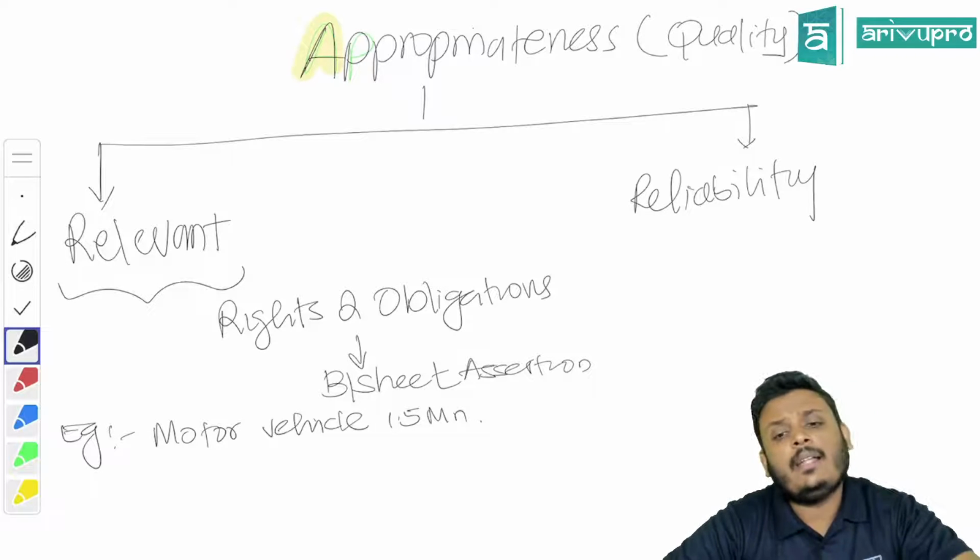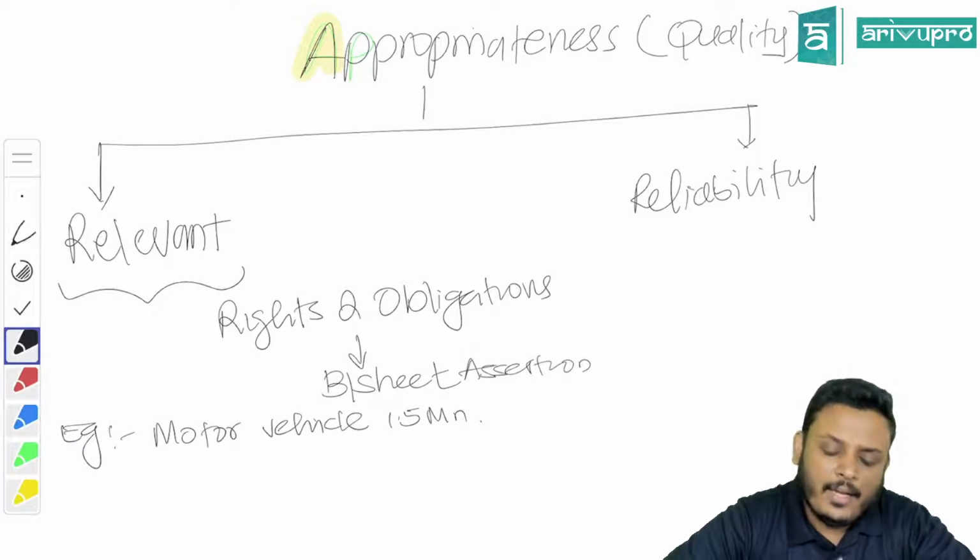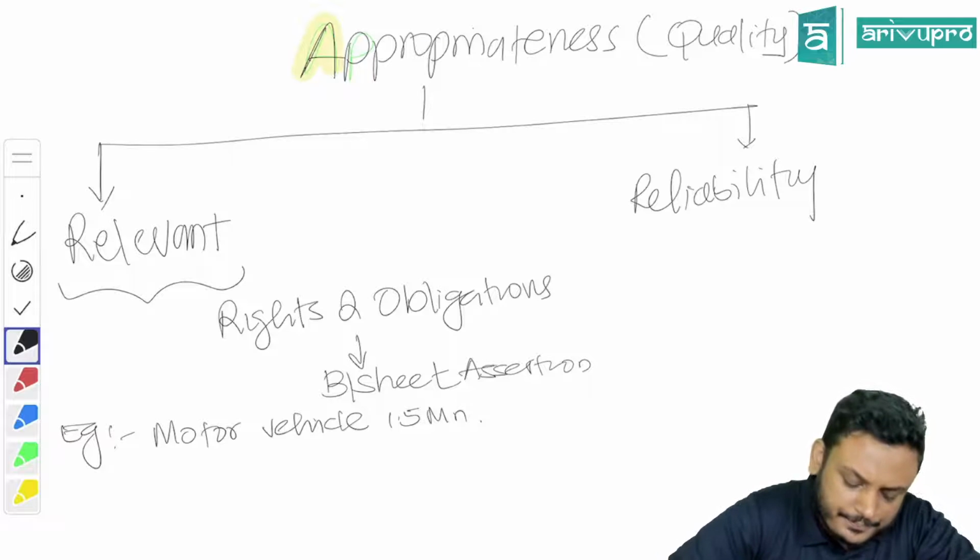So if you want to check the asset, the motor vehicle, the very first thing is whether the company has a legal right to recognize it as an asset. If this motor vehicle belongs to the owner, the owner's vehicle cannot be recognized as an asset in the company's financial statements. Therefore, you are going to check what?